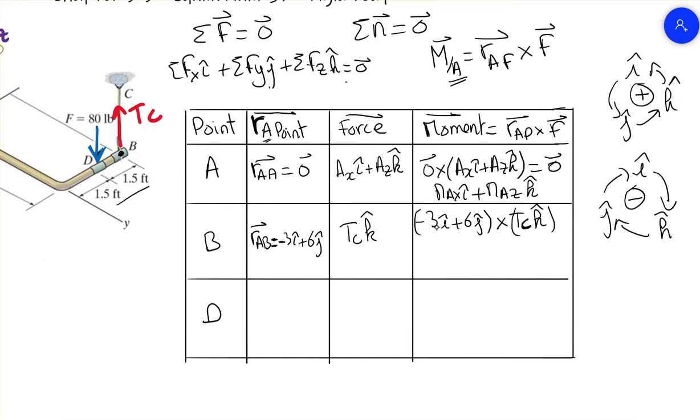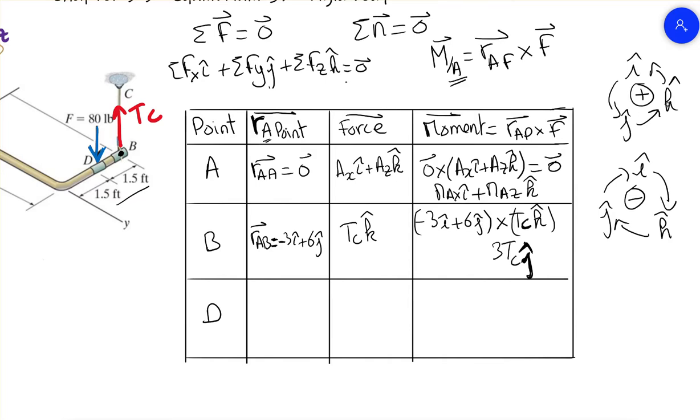So minus 3i hat cross TC k hat will give us j hat, and i cross k is minus j. So minus 3 minus, it gives us 3 TC j hat. Okay, you need to practice the cross product. And 6j hat cross TC k hat.